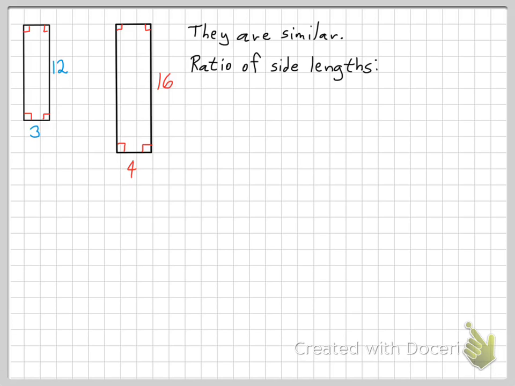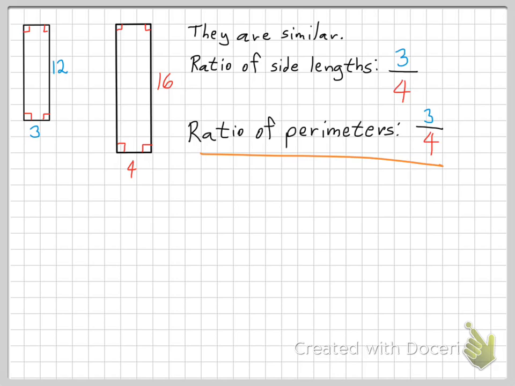Okay, so let's talk about the ratio of side lengths. The ratio of their side lengths is 3 to 4. And so the ratio of their perimeters is also going to be the same. Again, that's something we covered in chapter 6. The ratio is also going to be 3 to 4. Let's see if that's true though. Let's work that out.